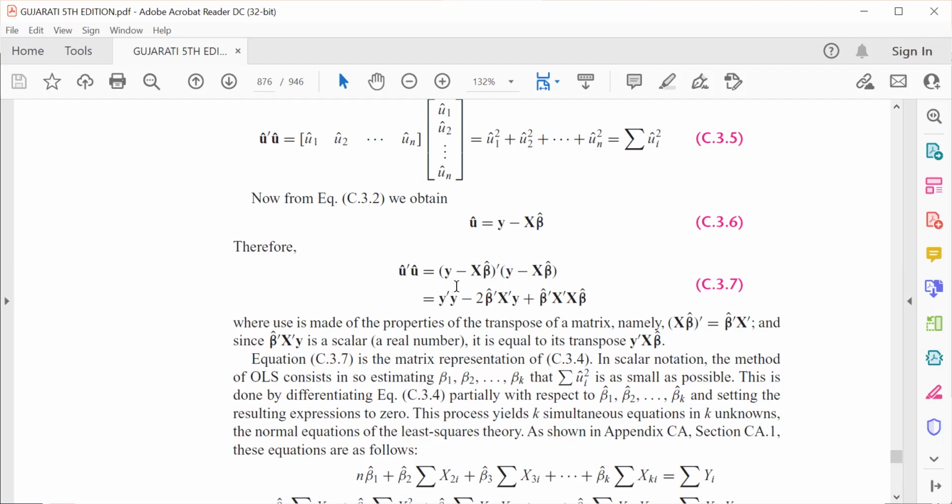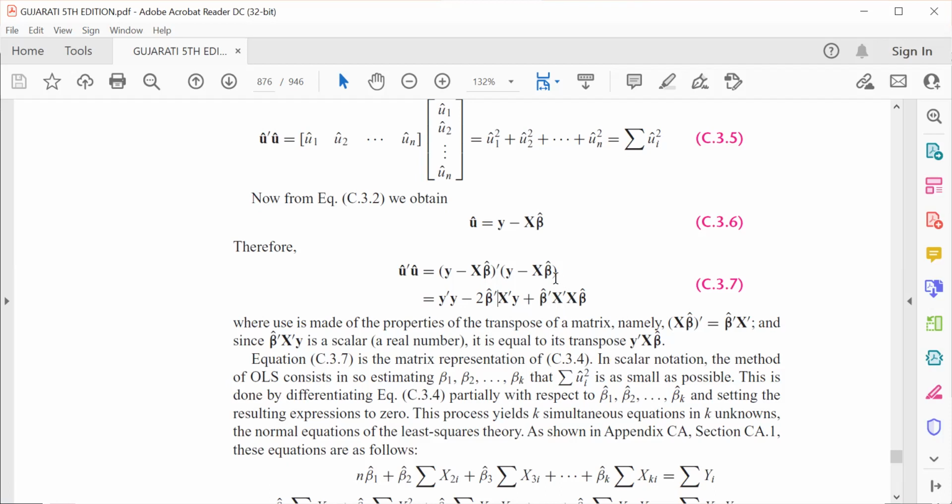So we can sum y prime x beta hat and beta prime x prime y. Because this is a scalar, we can get 2 times the same thing. So we get this one, minus 2 beta hat prime x prime y.